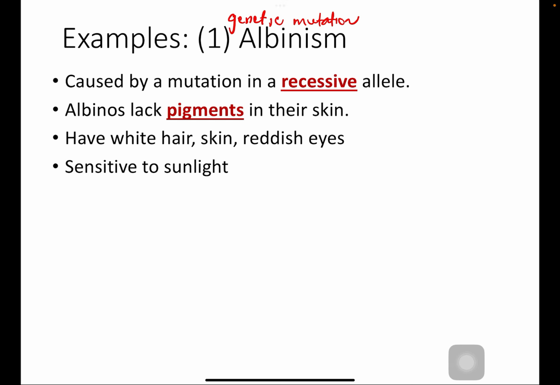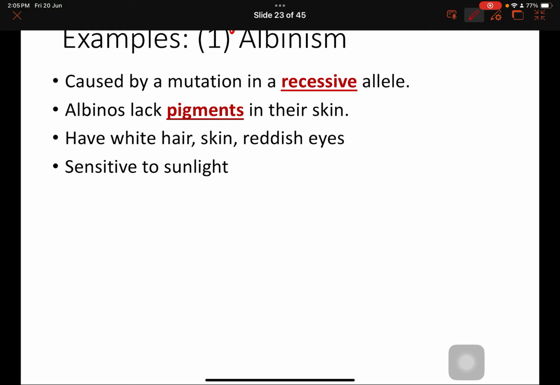They are very sensitive to light, and I'll explain why in a bit, due to the lack of production of a particular protein known as melanin. Right, this is the protein that produces the color in your hair and your skin.